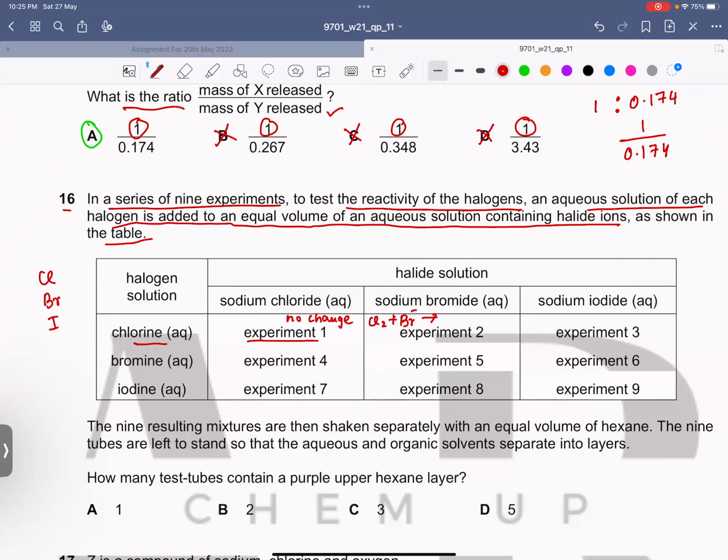So what would happen? Chloride would form and bromine will form. So there must be a color change.